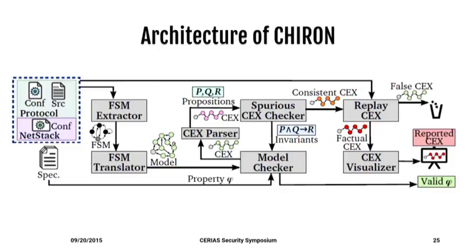We parse the counterexample, and the first step is to check whether it's a spurious counterexample. If it is, the spurious checker forwards an invariant, which tells the model checker, for future investigation, never consider this. If it's a good counterexample, you feed it to the replay counterexample module, which runs it concretely and sees whether that's a valid code path.